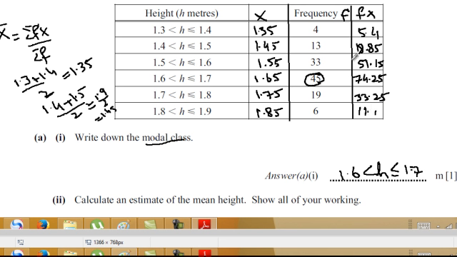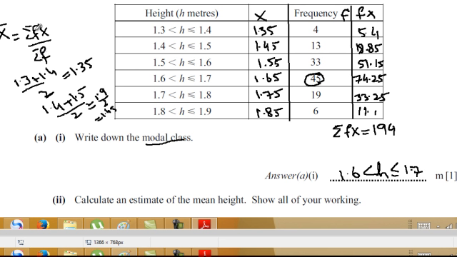Now the next step is to find the sum of all these values. The sum of all these values gives us summation f x. When we add all these values, it gives us 194.